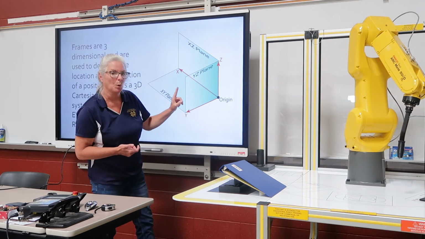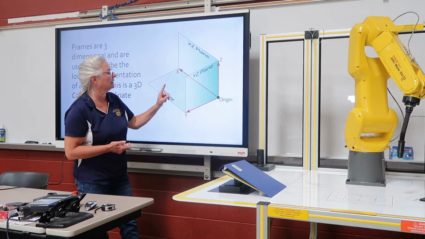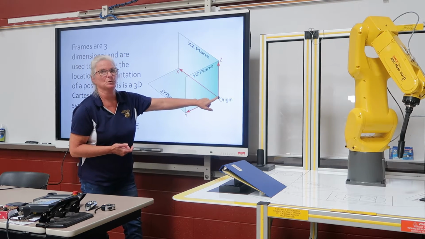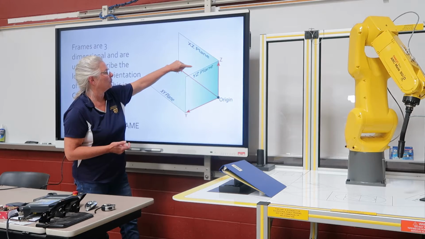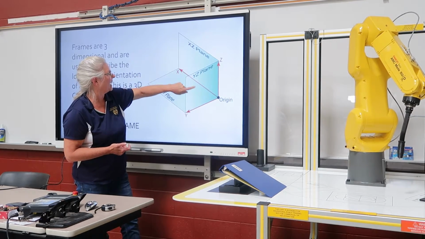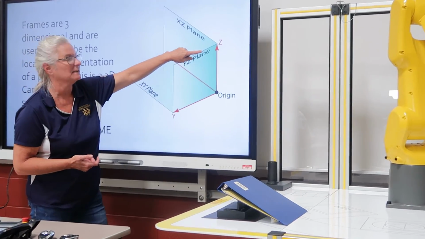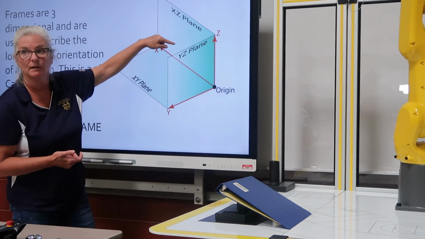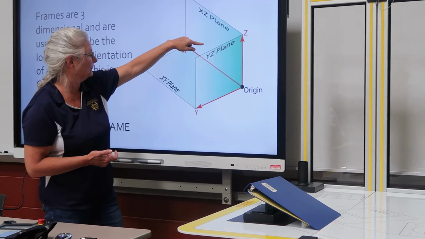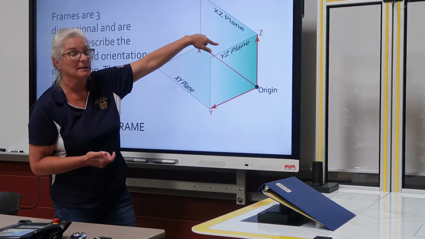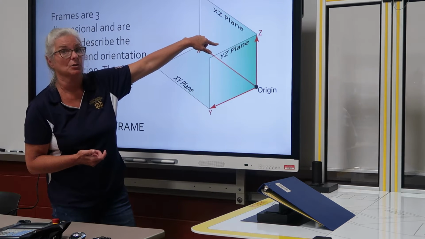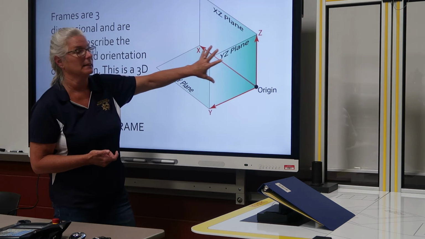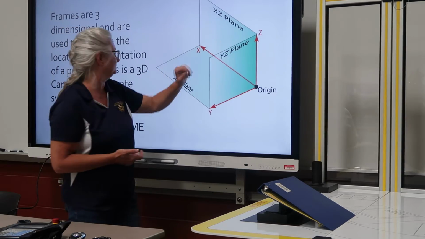So every point on my robot is relative to this origin. So if I were here, this point would have an x value, a z value, and a y value. And this is known as the 3D Cartesian coordinate system. And this is what we call a frame. Okay?